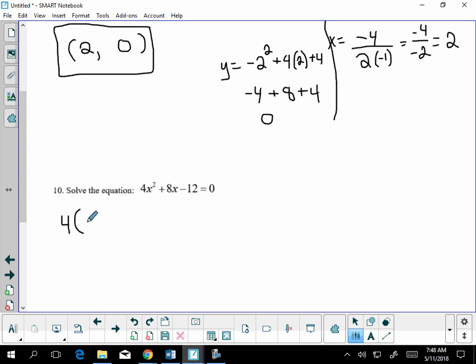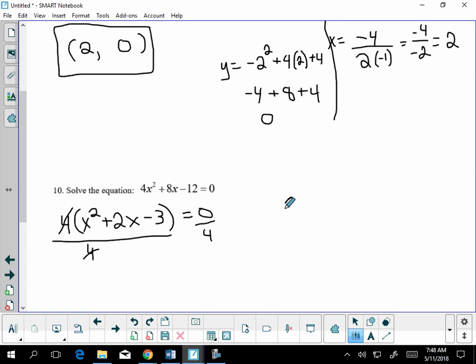And when I do that, I'm left with x squared plus 2x minus 3. I can go ahead and divide both sides by 4. 0 divided by 4 is 0. So now I've just got x squared plus 2x minus 3.